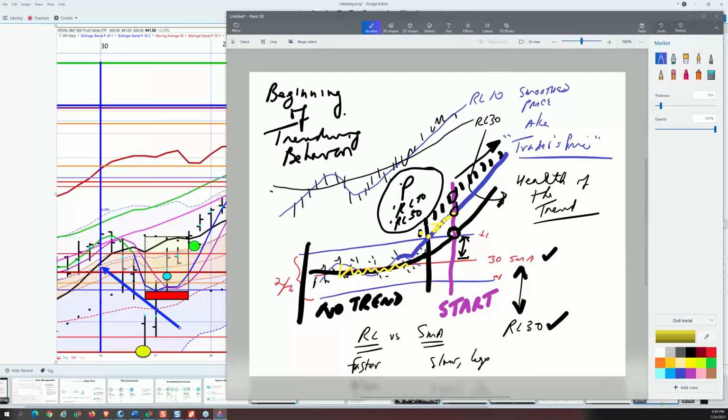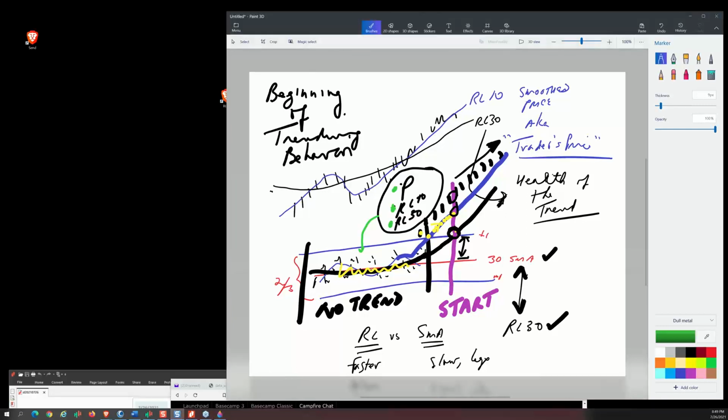It's a trending behavior. So we're looking at price, the RL10, and the RL30 with respect to the river. Where is it with respect to the river? If they're all outside of the river, then we say we've got trending behavior.